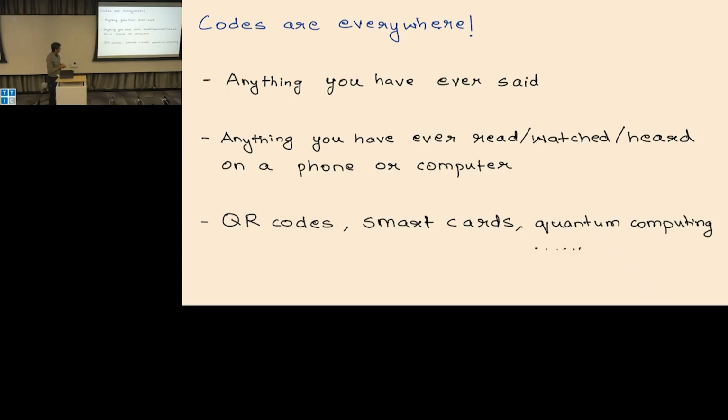I should say that, okay, if you haven't seen codes before, you have actually seen them before. So first, anything you have ever said is an error correcting code. I'm just making funny sounds and you're converting them into letters and sounds in your head. And if Avrim or Sasha were to make the same sounds, they would sound different, but you could correct them to the same letters and maybe the same concepts in English and so on.